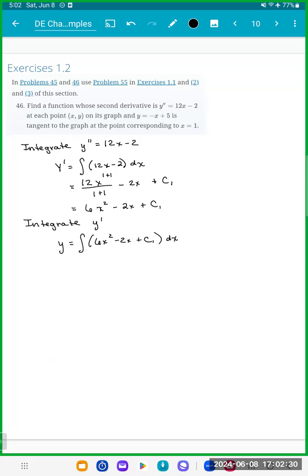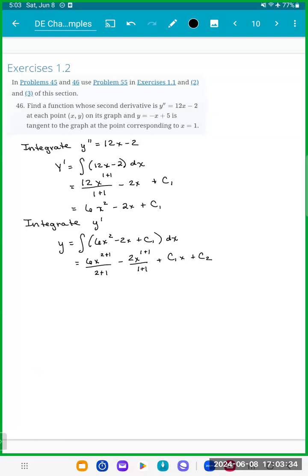So when we take that integration here, we end up getting 6x squared over 2 plus 1 minus 2x to the 1 plus 1 over 1 plus 1, plus we have that C1x, plus now we need to add our second constant.